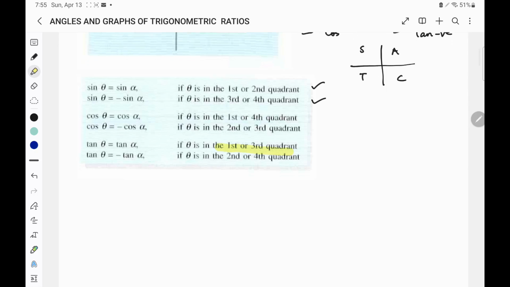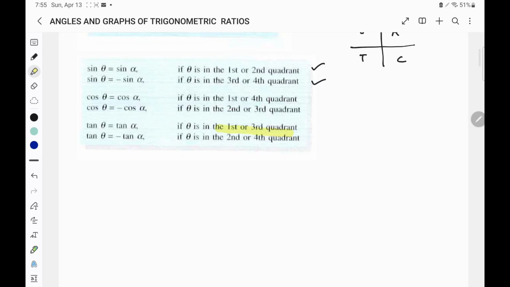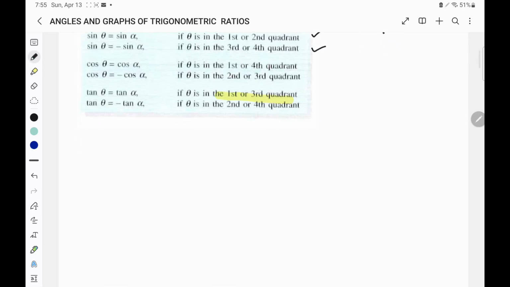For example, if the angle is 45 degrees, the basic angle is 45 degrees. Sine, cos or tan you can take out afterwards.